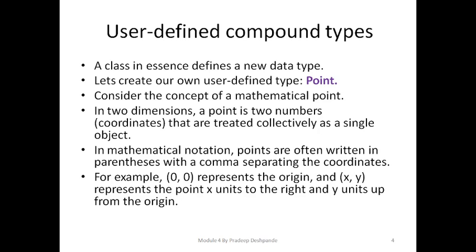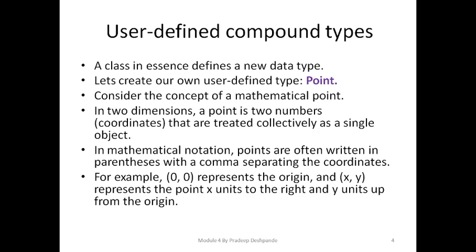As we know, whenever we define a class in any object-oriented language, we are creating a new data type. A class is a new data type. One example we are taking is creating a Point class.